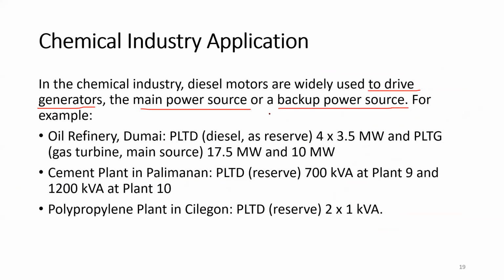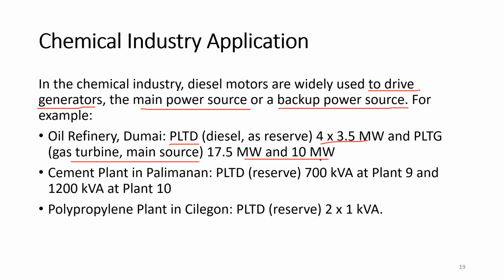For example, in the oil refinery in Dumai, there is a PLTD, abbreviated as pembangkit listrik tenaga diesel, with a capacity of 4 times 3.5 megawatt, and also a PLTG, pembangkit listrik tenaga gas. The gas turbine is the main source, with a capacity of 17.5 megawatt and 10 megawatt.